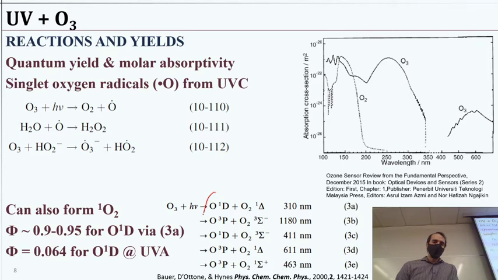And you'll see these types of nomenclature when dealing with certain types of radicals, and it's really describing the energy level of the electrons, the unpaired electron. And so this O1D is a more reactive one. That one can form hydroxyl radicals.